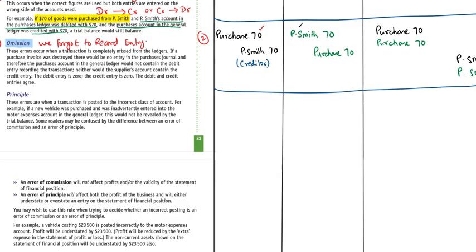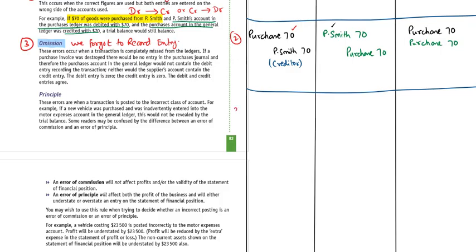For example, this is the third entry related to error of omission.